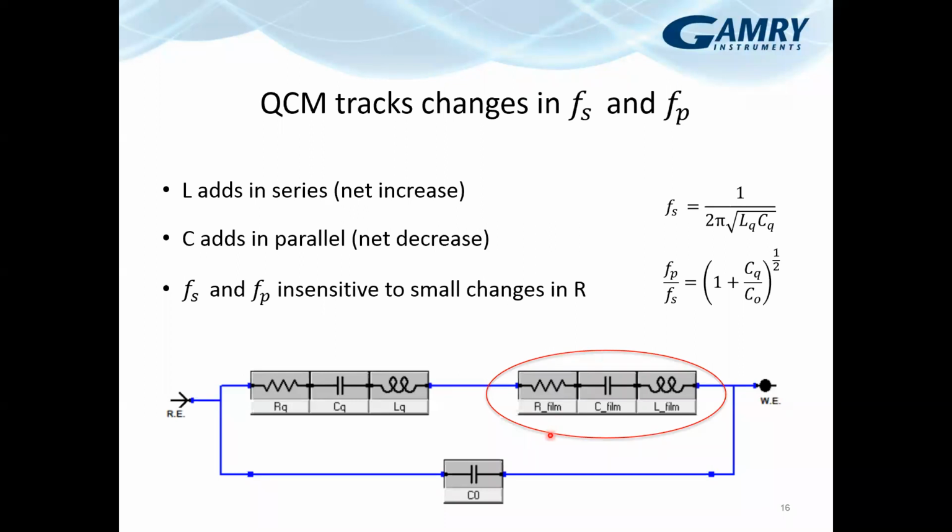Most of the time you're looking at this with some kind of ring down technique, or a system that monitors the full crystal impedance. In that case, that would be something like the QCMI system that we have.